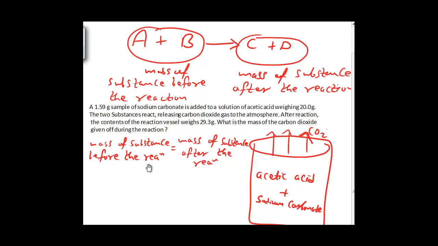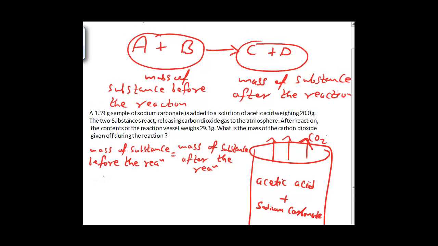So our mass of the substance before the reaction, which is acetic acid and sodium carbonate, is let's say 1.59 grams of sodium carbonate plus 20 grams of acetic acid, and our final product weighs 29.3 grams.